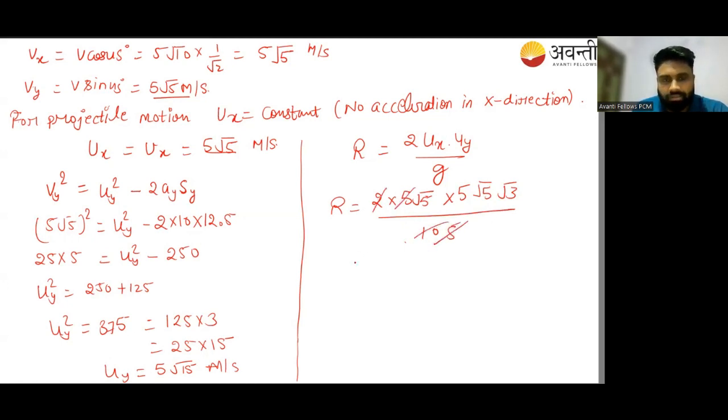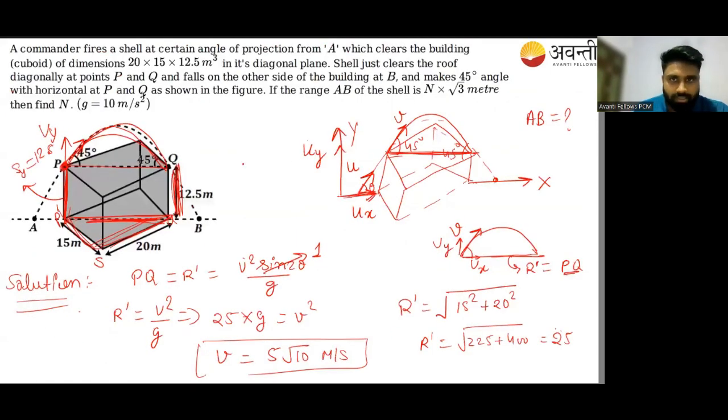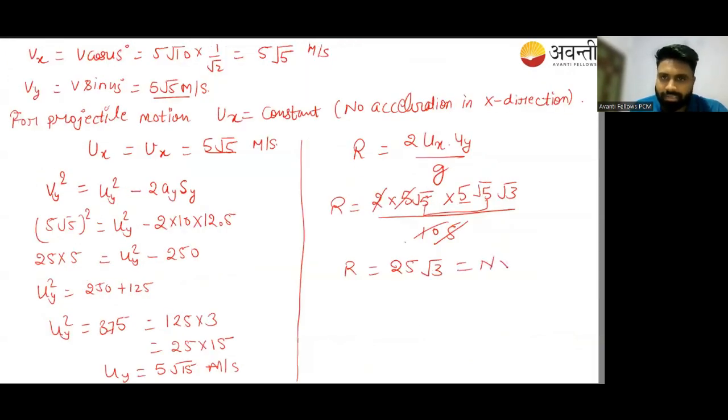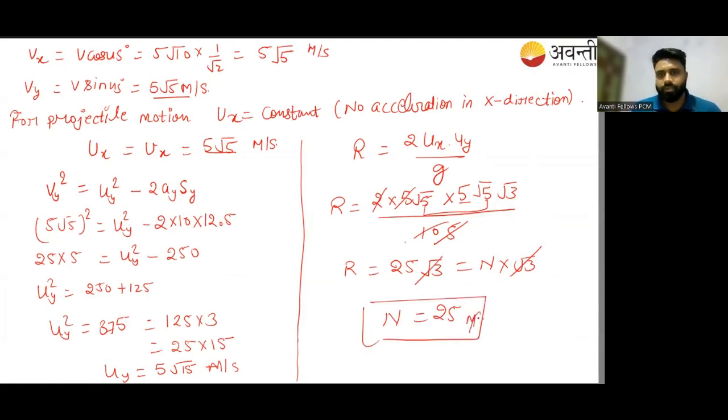So this equation will become root 5 times root 5, which is 5, and there is another 5. So 5 fives are 25 into root 3. Now in the question, it is given that range AB is n times root 3. So if you compare it with n times root 3, this root 3 will cancel out. So n is equal to 25 meter. Okay. So this is it. I hope you are clear with this.